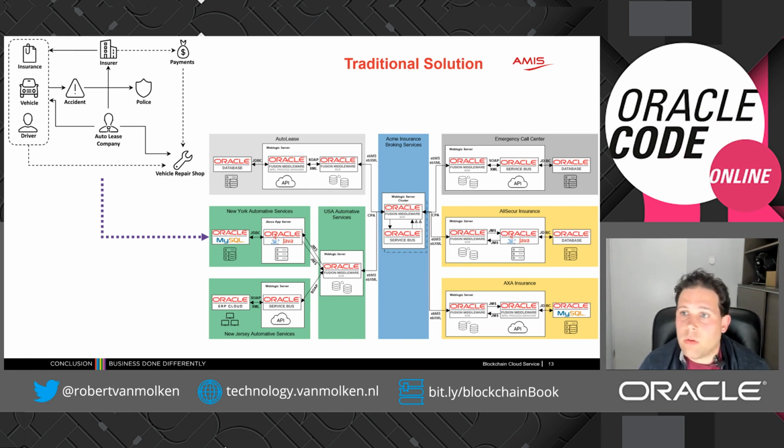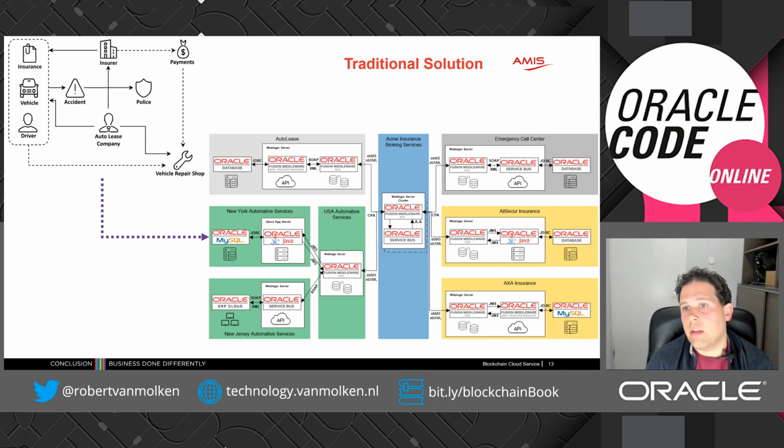At the right top we have the emergency call center, and at the left top we have Autolease, the lease company. At the left side we have some repair shops, the automotive services, and at the right side we have two insurance companies. In the middle we have the broking service, Acme Insurance.